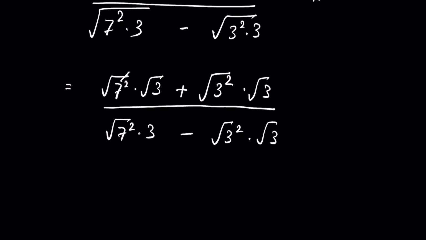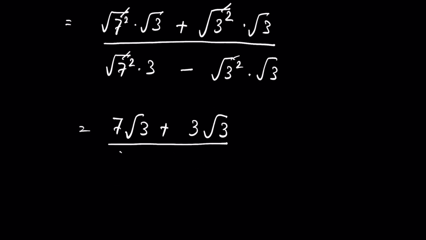Now remove the square root with the square. So it is 7 times square root of 3 plus 3 times square root of 3 upon 7 times square root of 3 minus 3 times square root of 3.